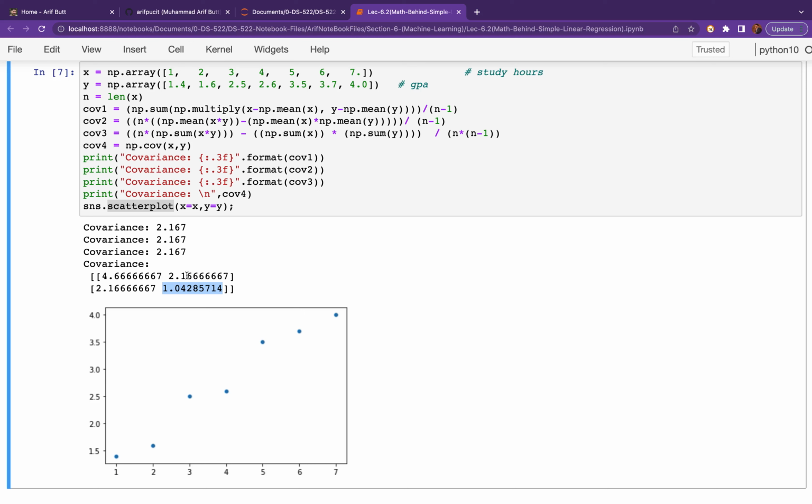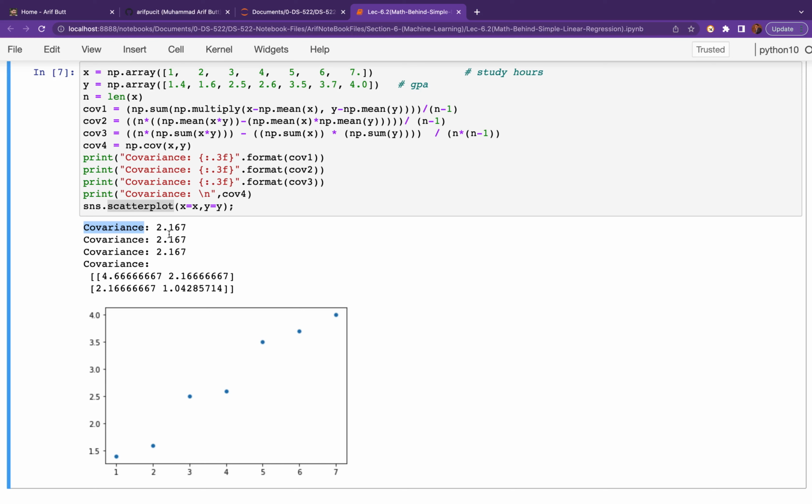My dear students, as I already said, the value of covariance can range from plus infinity to minus infinity, and the value we have got is positive 2.167. Remember, the magnitude of covariance is not simple to interpret because it is not normalized, as it largely depends on the magnitude of the variables.